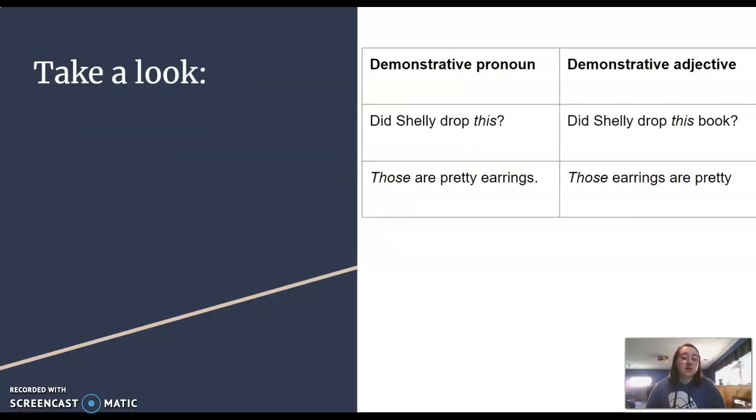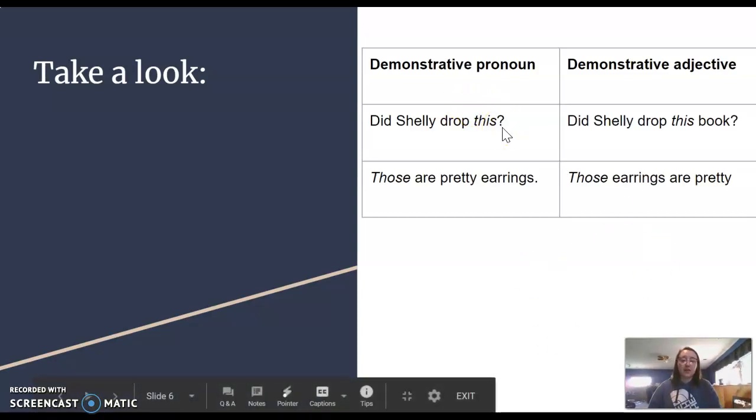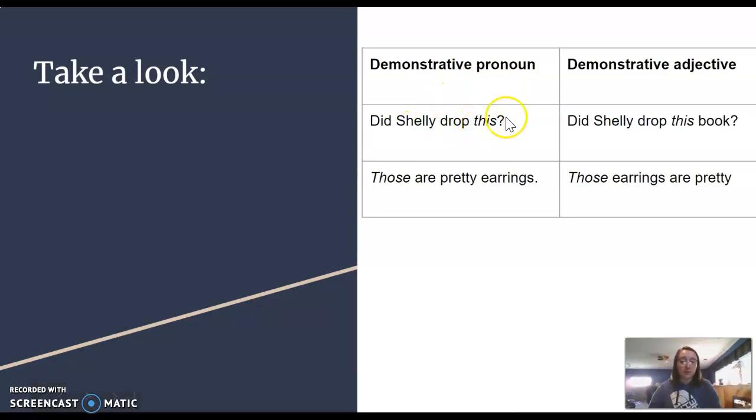So let me show you what that looks like. When it's a demonstrative pronoun, did Shelley drop this? It's a question, so obviously the verb is going to come before the actual pronoun, but same idea, they're working hand in hand, they're next to each other. This is not modifying any other noun, right? It's verb, pronoun. Here is a better example.